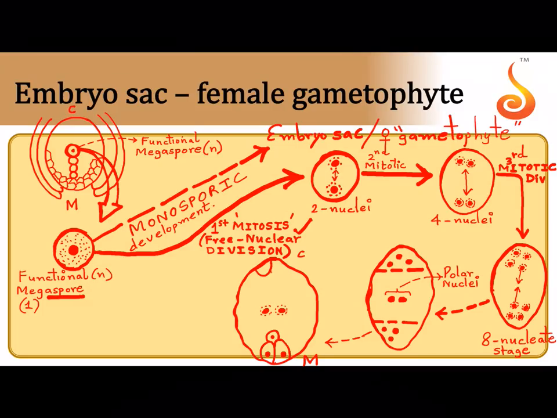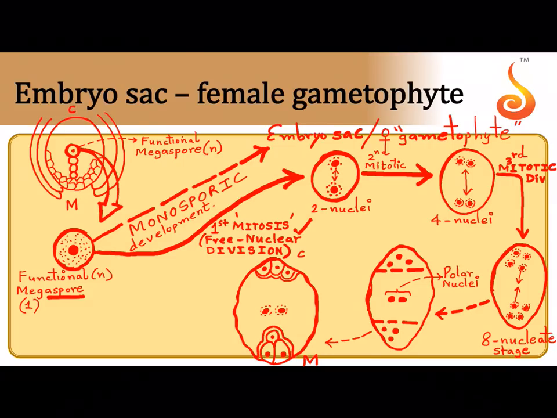Here also 1, 2, 3. There were 3 nuclei in the chalazal end. Okay, and this massive cell in the center also will develop a barrier between these cells. See? It also develops a membrane.